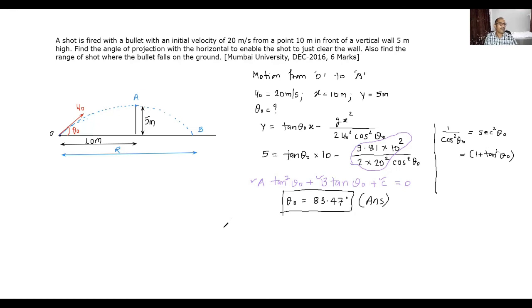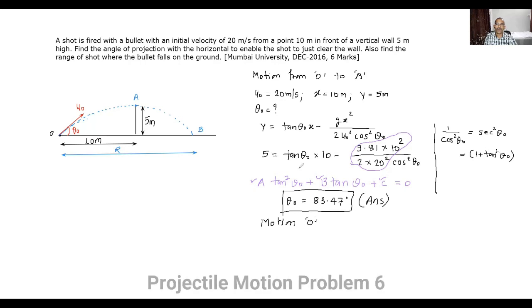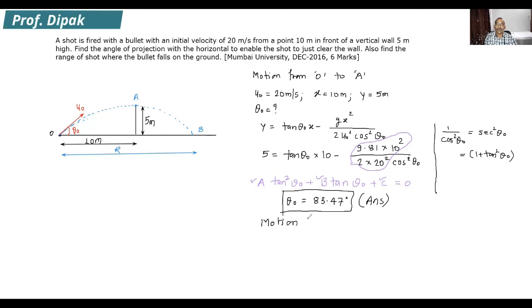To find the range of projection, we can use the equation of range, or the same equation of path, y equal to tan theta 0 x minus g x square upon 2 u0 square cos square theta 0, and we apply it to the motion from O to B. Here your y term is 0.